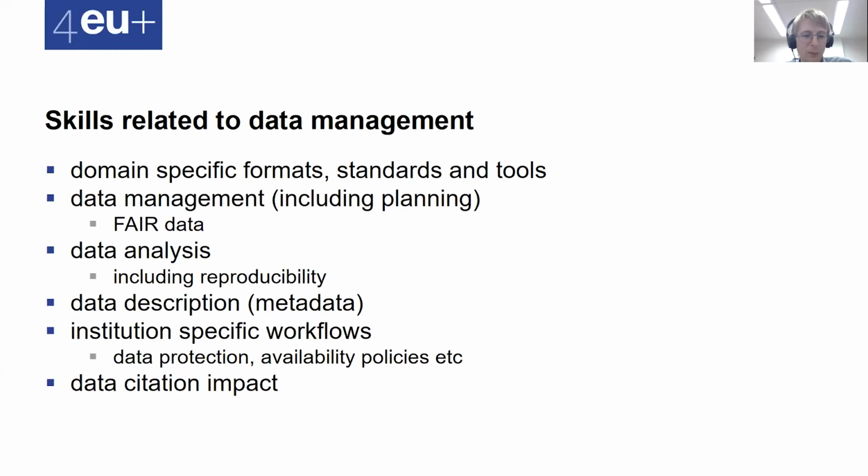And data citation impact, yeah, it's not really the most important thing now, but for example, in our university, data citation isn't the thing yet, but it will be, and you should have the data prepared in a way that they will be citable. It relates to the usage of identifiers.